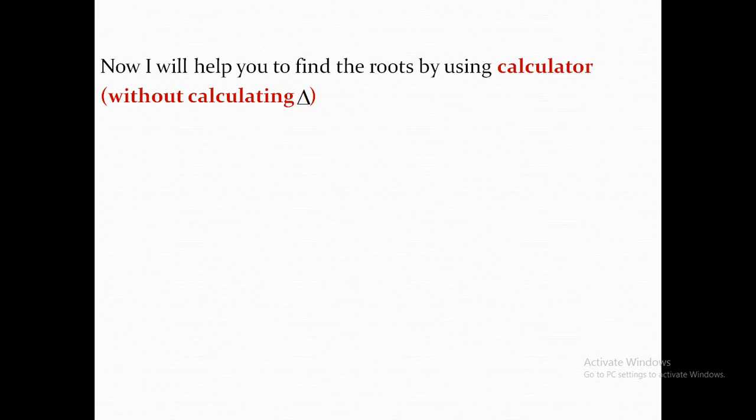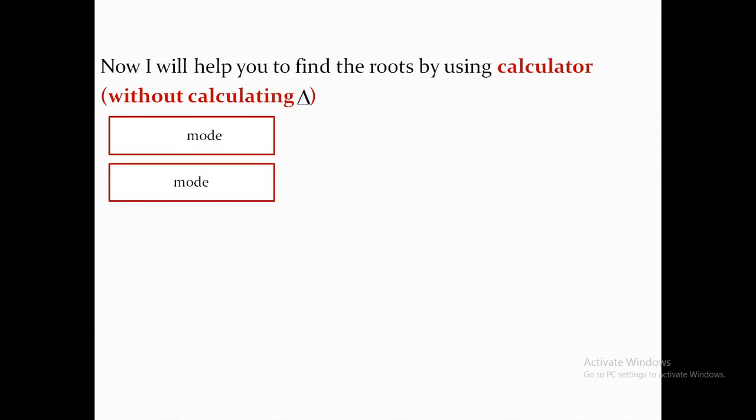Now we will state the steps to use the calculator and find the roots of a quadratic function. The first step is to press MODE. You will press MODE on the calculator, then you will press MODE again. You will get on the screen the word equation, and below equation we have number 1, so you will press the number 1 on the calculator.